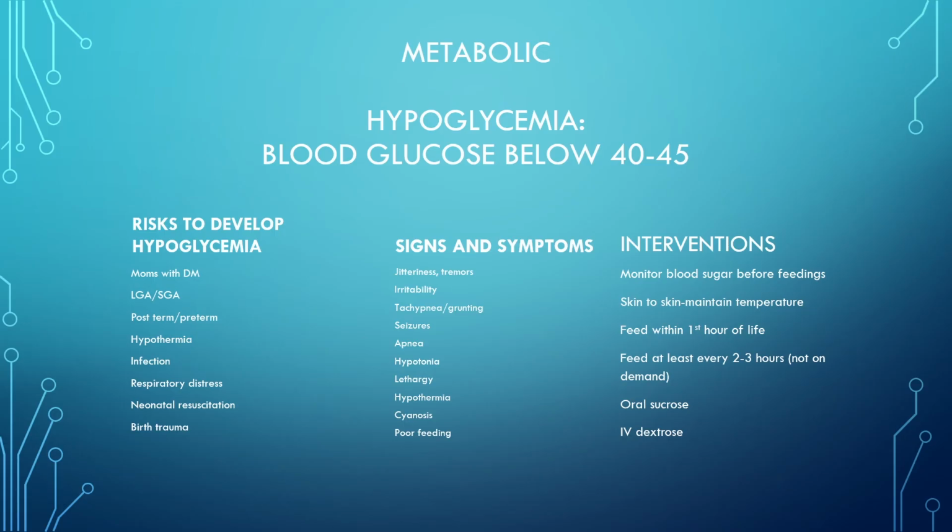So some risks that your infant might develop hypoglycemia. If their mom has diabetes. Okay, let's talk about this. When they're in utero and the mom has diabetes, mom's blood sugar is usually running a little bit higher. Well, that sugar gets to the baby, so the baby is used to getting this higher sugar content.